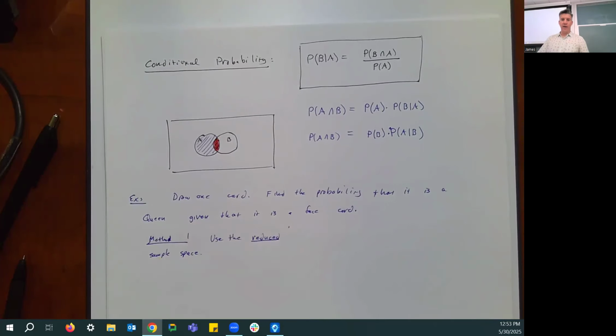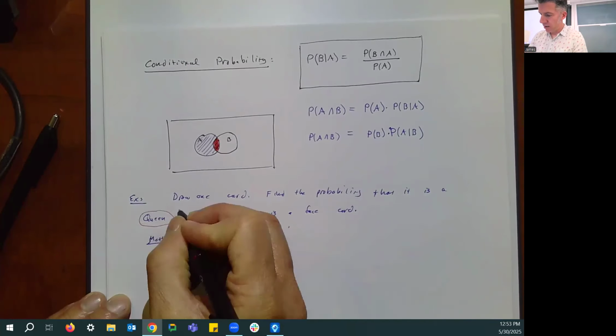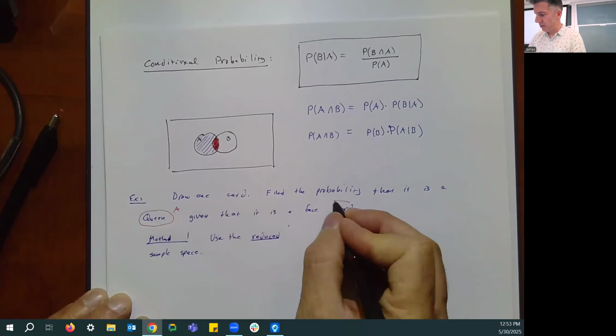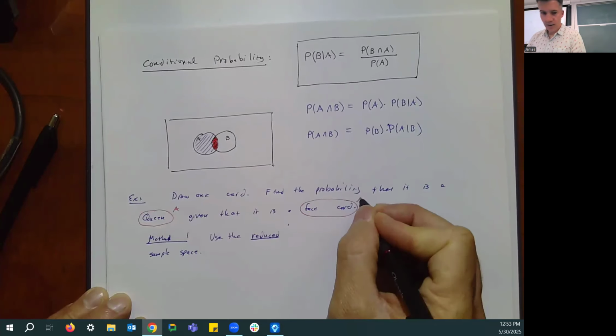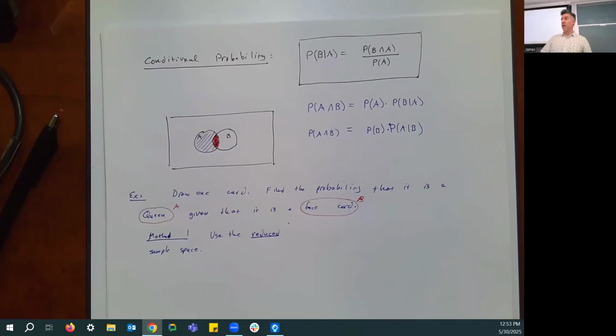If I say that getting a queen is event A and getting a face card is event B, then my reduced sample space is just the space of the face cards.